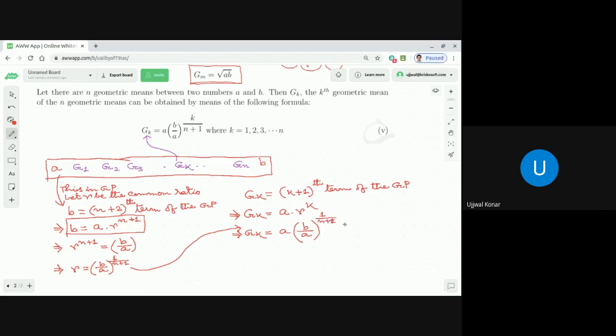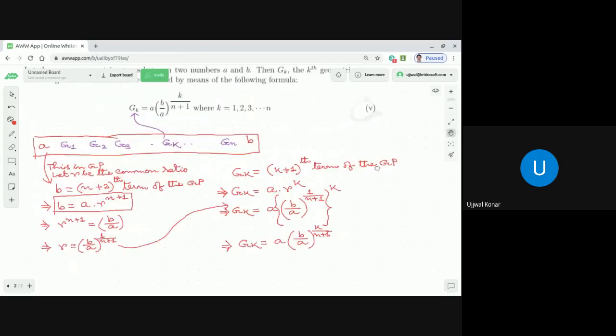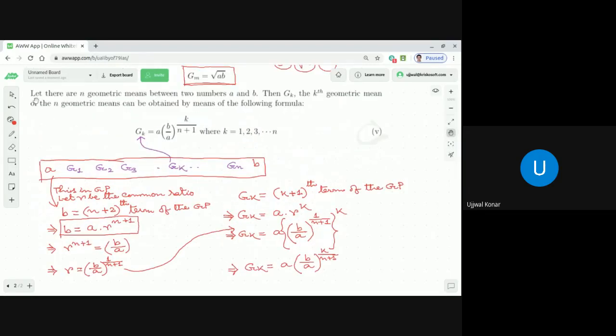Let me write it properly: n plus 1 and whole power k. Correct, no? I'm just writing step by step so that there should not be any confusion. And that implies GK is equal to A into B by A power k by n plus 1. And that's what we have achieved here in the formula, if you recall. If you see, this is the formula, no, dear students?